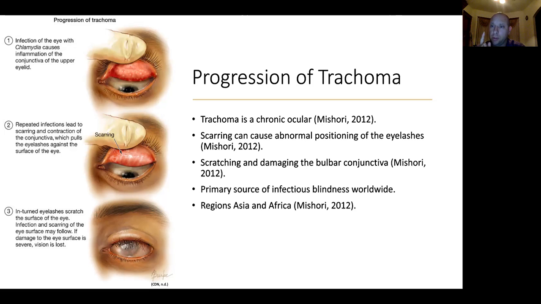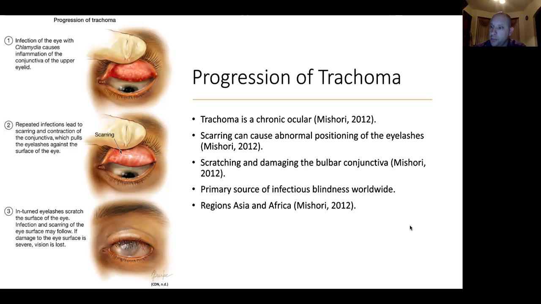One thing to note, we've been talking about neonates and how they could acquire this disease, but it's not strictly just for neonates. Adults can also get this in the eye. Complications can also be passed on to adults. It's not only for neonates.